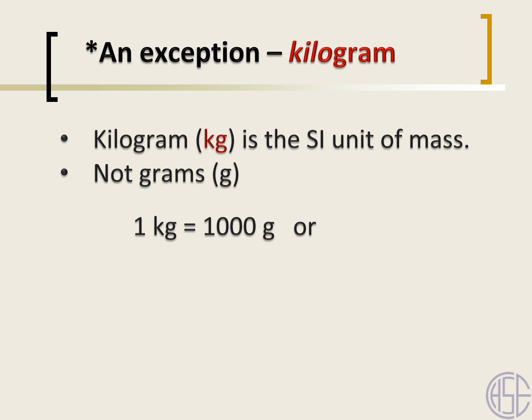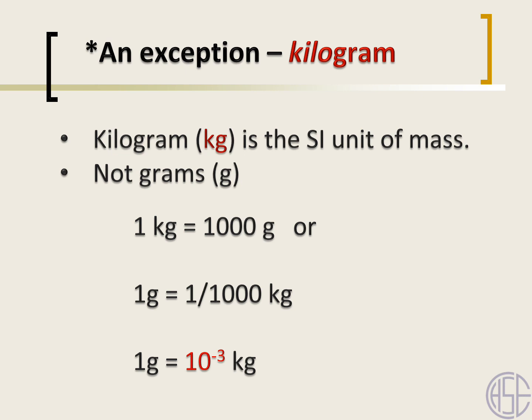You have to convert like 1 kg is always 1000 grams or 10 to the power 3 grams, or 1 gram is 1 by 1000 kg. 1 by 1000 you can always write as 10 to the power minus 3. So wherever you see 1 gram, you can always convert it as 10 to the power minus 3 kg.